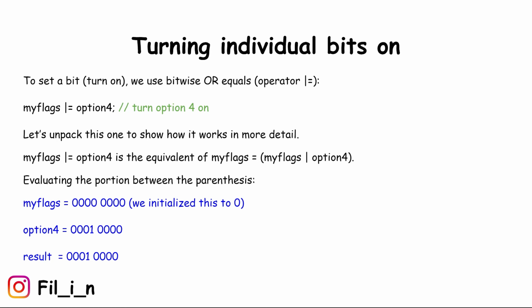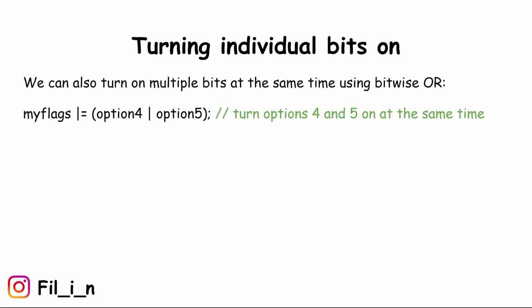Evaluating the portion between the parentheses: myflags = 00000000, we initialized this to 0. option4 = 00010000. Result = 00010000. We can also turn on multiple bits at the same time using bitwise OR.